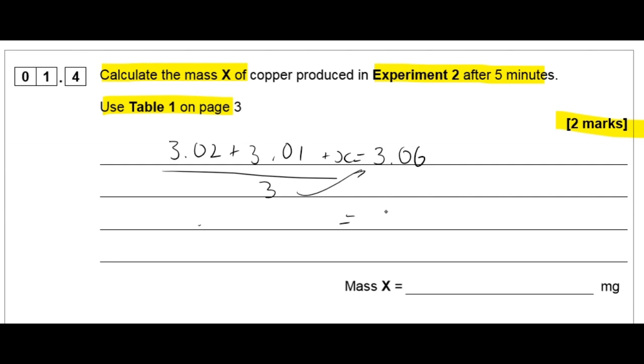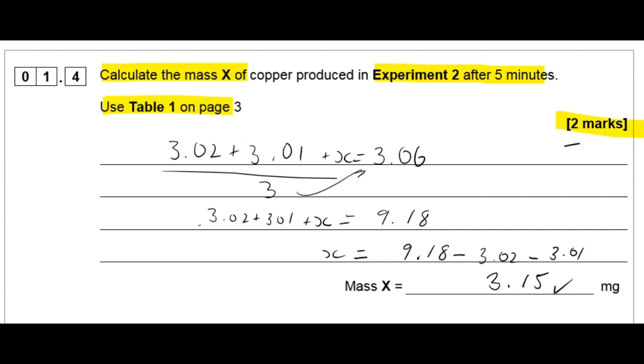That comes to 9.18. So now, 3.02 plus 3.01 plus x equals 9.18. If we evaluate that, we get x is equal to 9.18 minus 3.02 minus 3.01, which gives us a final number for x as 3.15 milligrams for 2 marks.